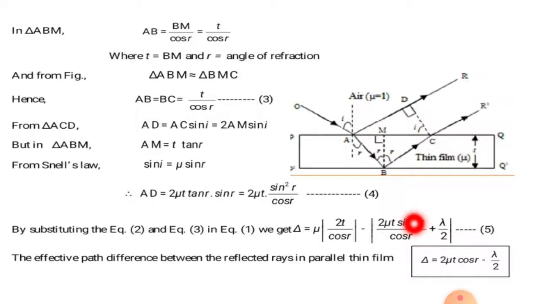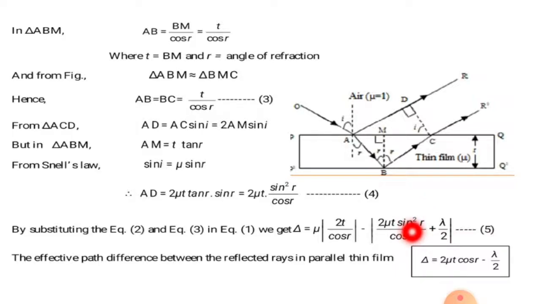If the light ray is incident along the normal, then the angle of incidence I is equal to 0 and R is equal to 0, so cos R is equal to 1. Then the resultant path difference is 2 mu t minus lambda by 2. So in case of normal incidence, the path difference between the two reflected light rays is delta is equal to 2 mu t minus lambda by 2.